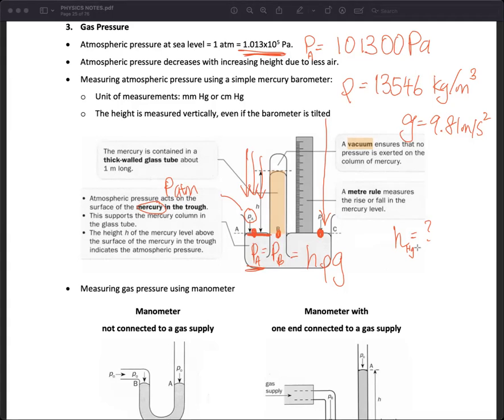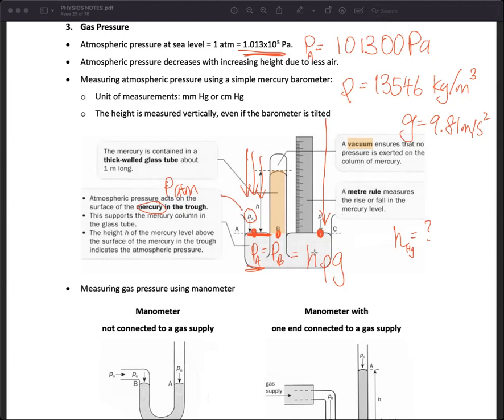Okay, Chen An and Ray Hong, are you able to get the answer? I already gave you the formula, PA equals PB, which is this one. Your rho is this one. Your g is this one. So what will your height be?